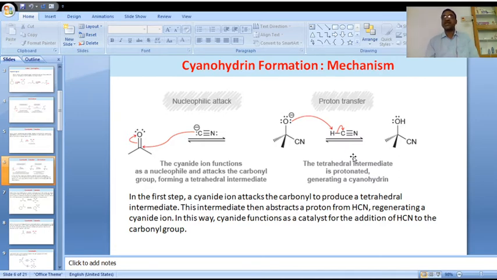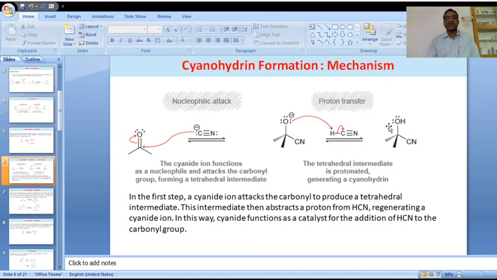Cyanide nucleophile attacks the carbonyl carbon. That H plus ion is abstracted by O negative. Finally, we get this cyanohydrin structure. This cyanohydrin structure is a tetrahedral structure.